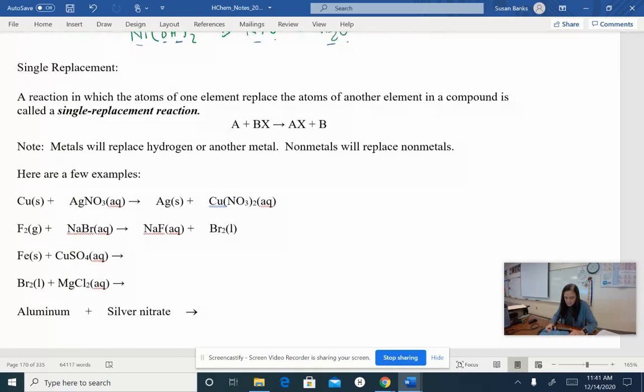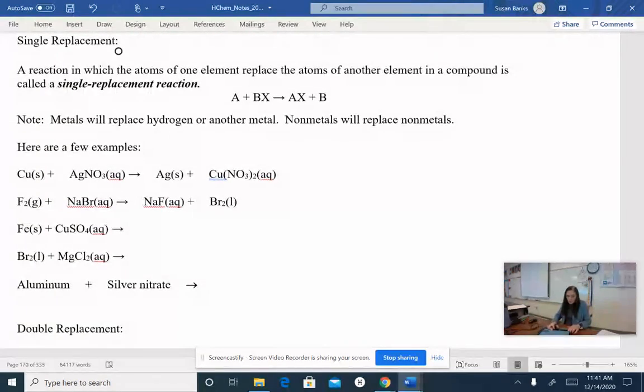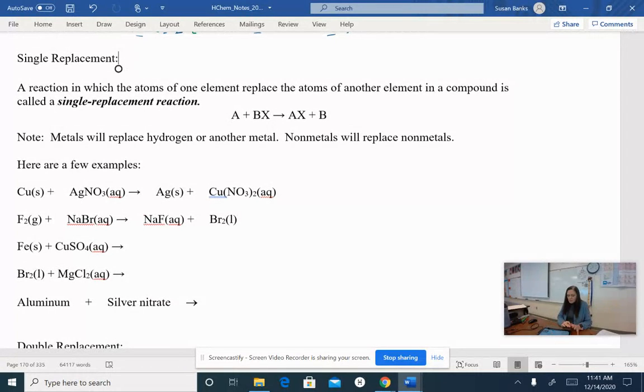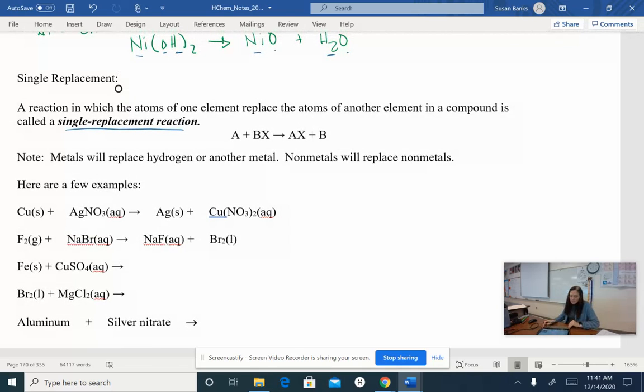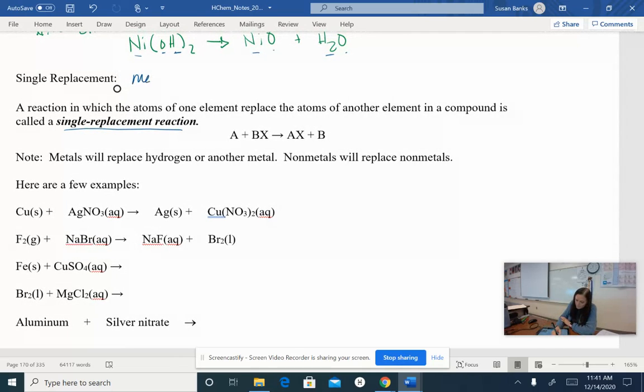Okay, single replacement is a reaction where the atoms of one element replace the atoms of another element in a compound. This is called a single replacement reaction. I like to call it the Mean Girls reaction. Okay, if you've ever seen the movie Mean Girls, you'll kind of know what I'm talking about.